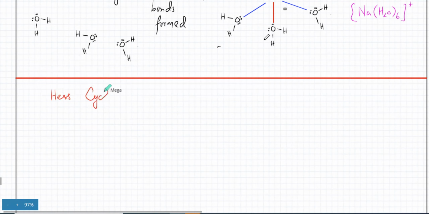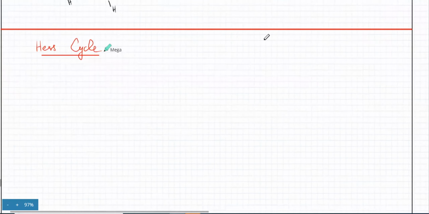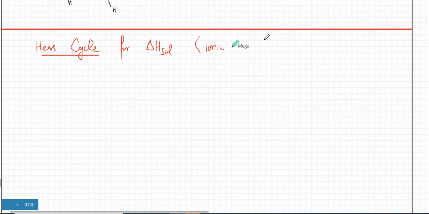We're going to talk about the same cycle that we just did, but remember, this is the Hess cycle for solution, and only for ionic compounds. We're not talking about compounds like ethanol. We're only discussing ionic compounds.